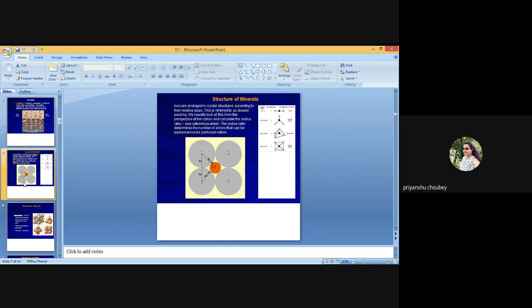The direction and position of the axes are also fixed by convention.